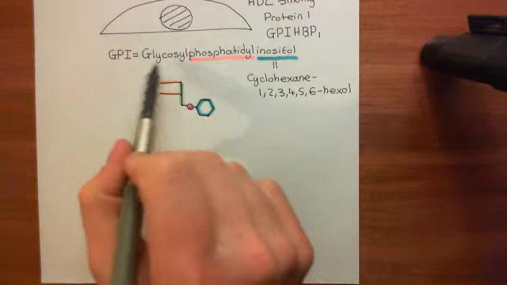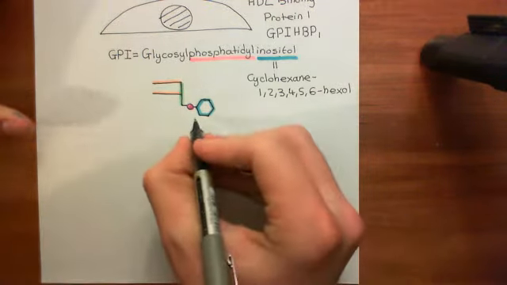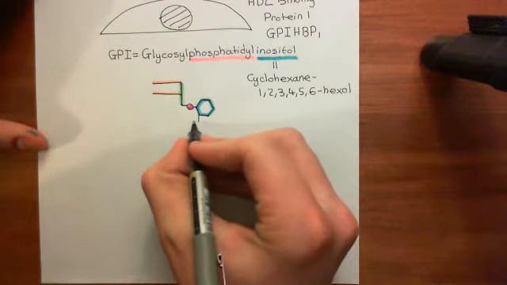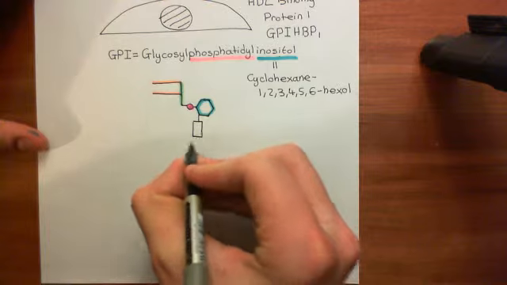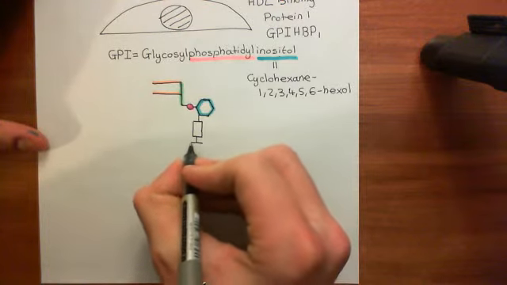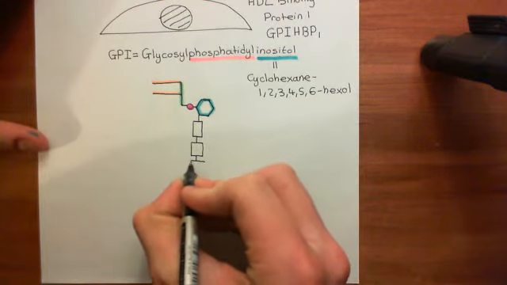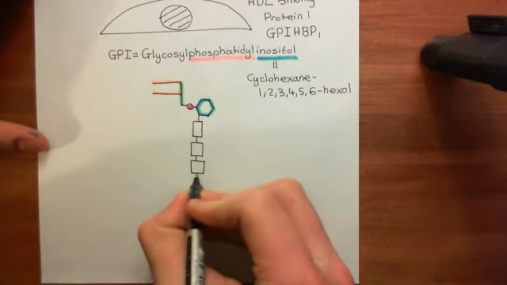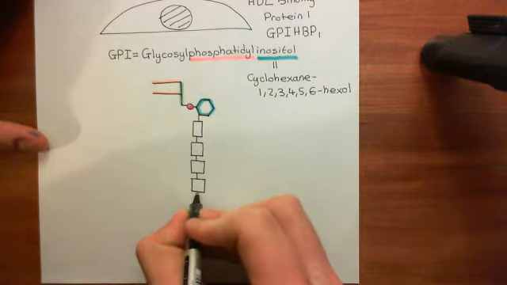Now, to turn phosphatidyl inositol into glycosyl phosphatidyl inositol, you have to link certain sugar molecules onto this inositol ring. Glycosyl, anything with glyco in, means sugar. Okay, so we are going to add in now a few sugar molecules. Specifically, we're going to add in 4 sugar molecules. 1, then another one here, 2, a third one here, and then a final 4th one here. Right, so what sugar molecules are these?